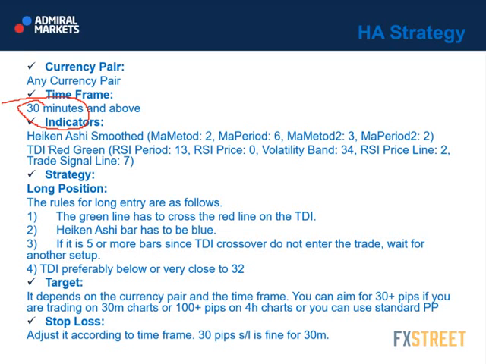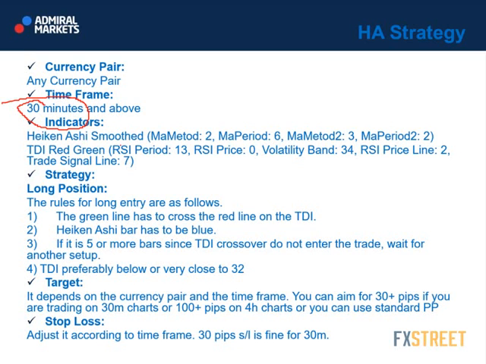You need these indicators. Of course, if you're not able to get these indicators, you can email me. This is free, so I will definitely send this to you. You just need to email me, and I will be sending indicators and template for this system.